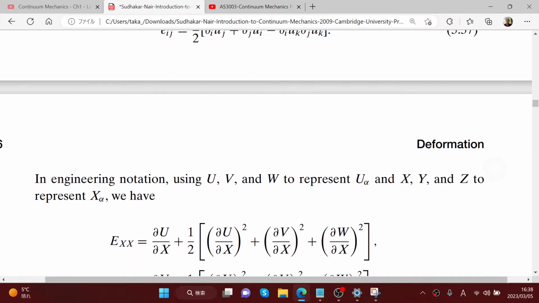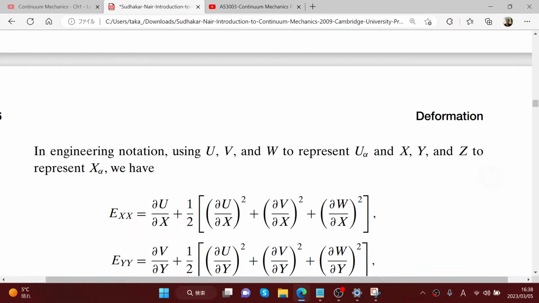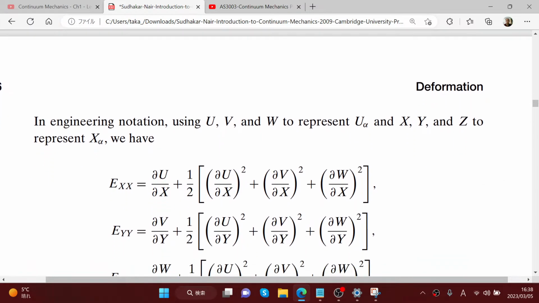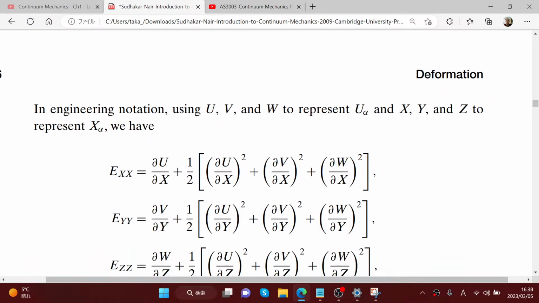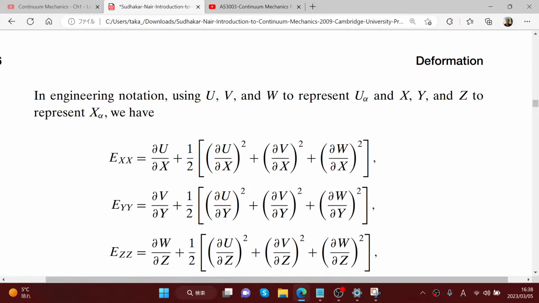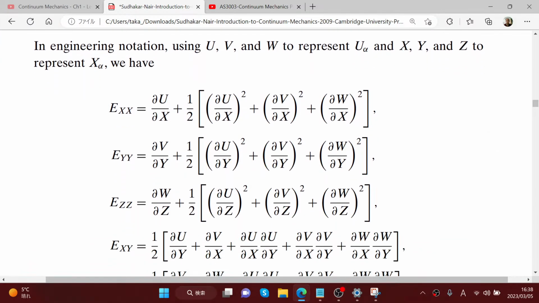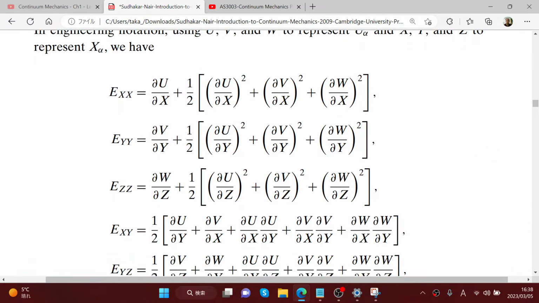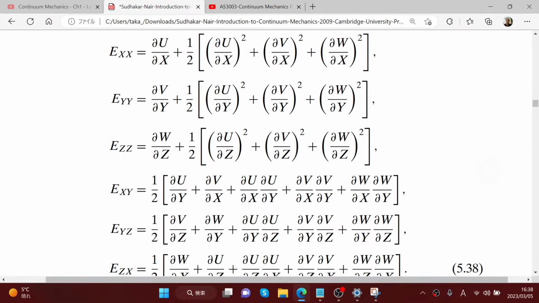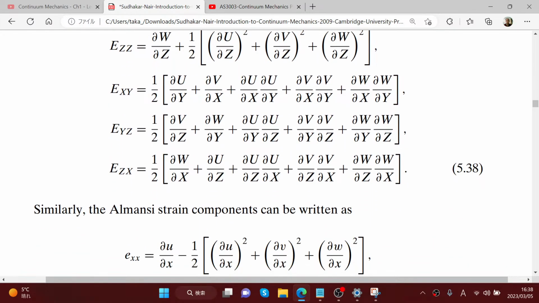in engineering notation using U, V, and W to represent U alpha and X, Y, Z to represent X alpha. We have EXX, EYY, EZZ, EXY, EYZ, EZX.